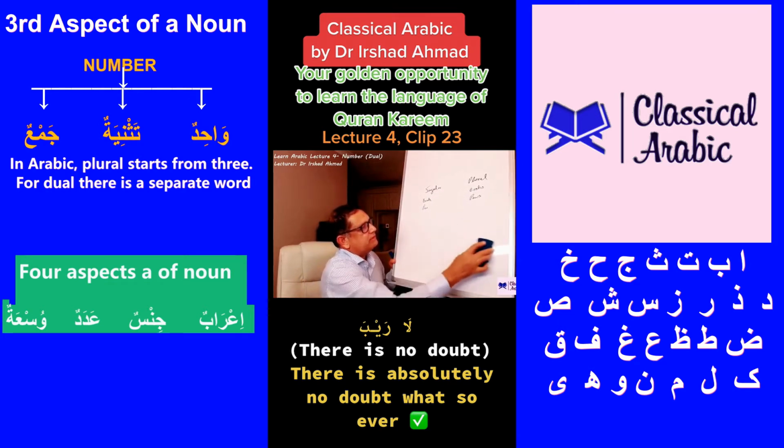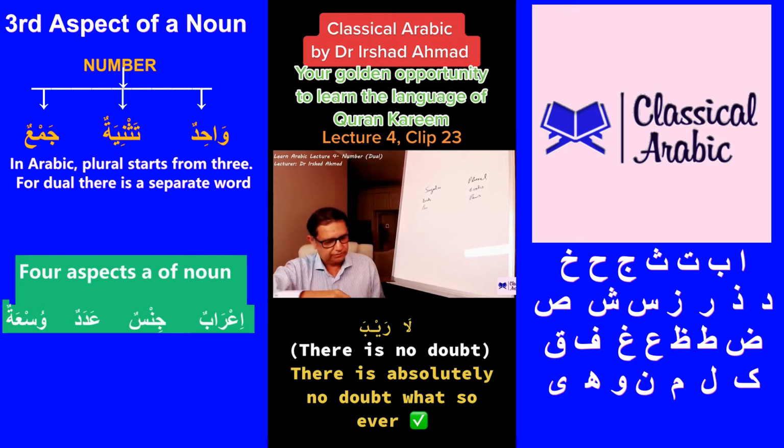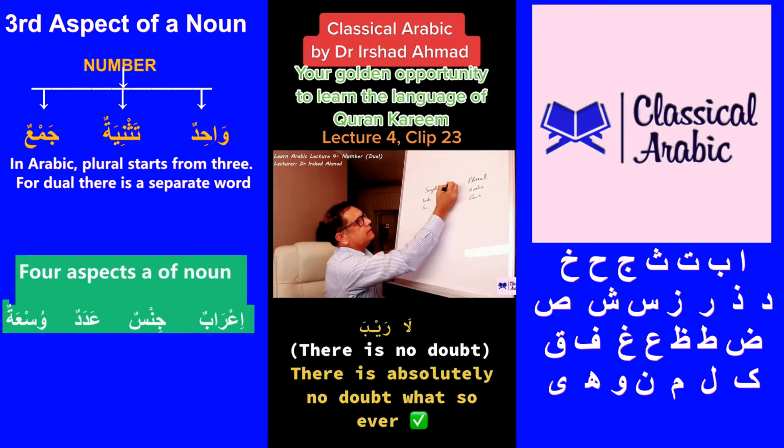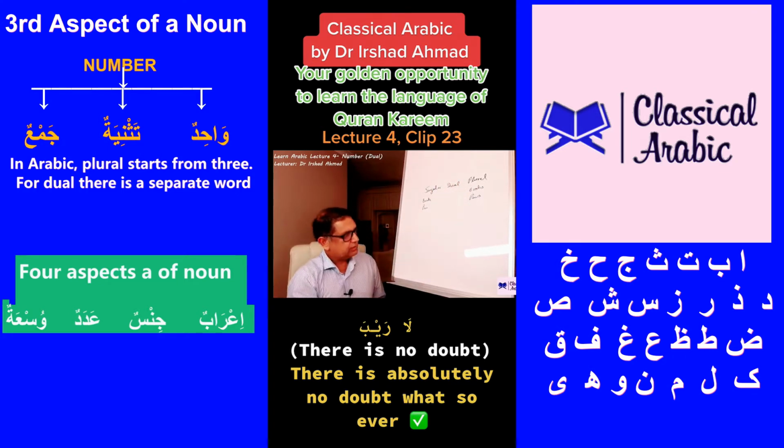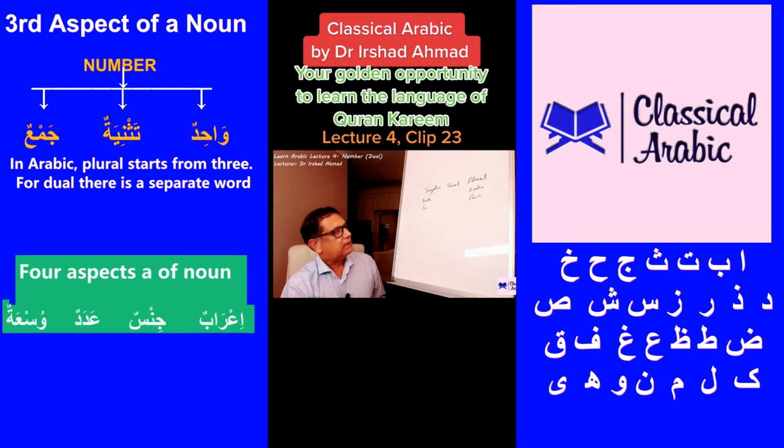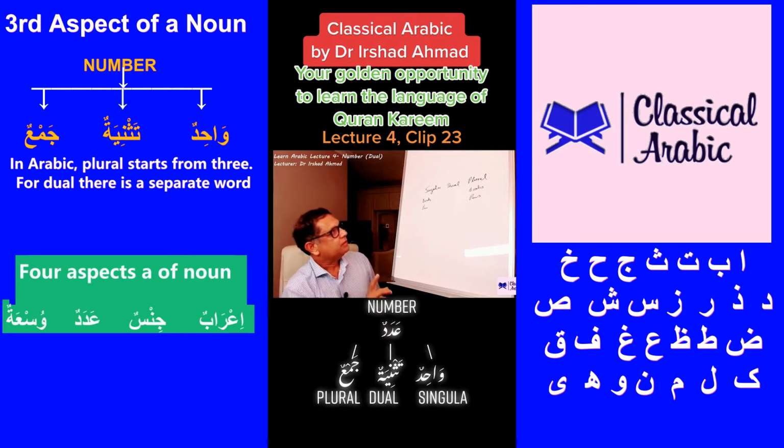So Arabs have devised a separate word for two. In English we can easily call that dual, here in the middle. So dual is used for two, and that will be a word in between these, and it will become clear what I mean in Arabic when we make dual from singular nouns.